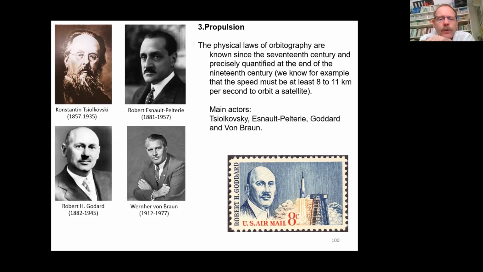But after the war, he surrendered to the Americans, and he worked with them and was especially in charge of the Apollo space program with the well-known success of this program. And von Braun died in 1977.